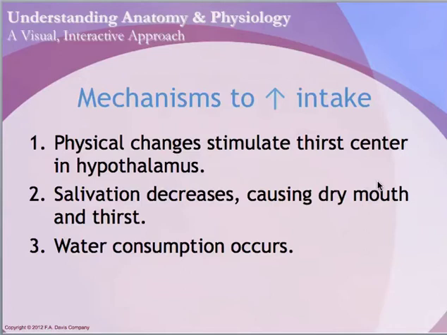So it's our own mechanism that does this. There are certain things that are going to stimulate the thirst center. Things like excess sweating, our blood pressure drops, sodium concentration rises, or osmolarity in our blood, the concentration of solutes in our blood, rises, causing us to be in a state of dehydration.